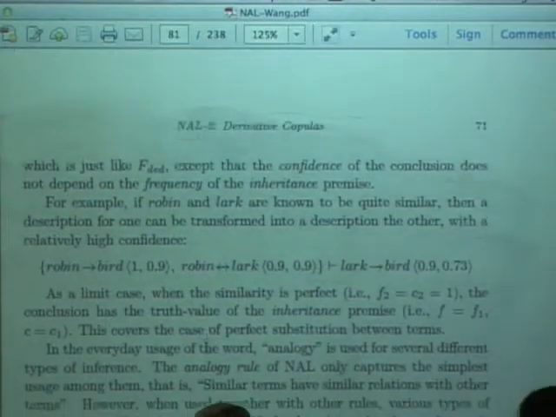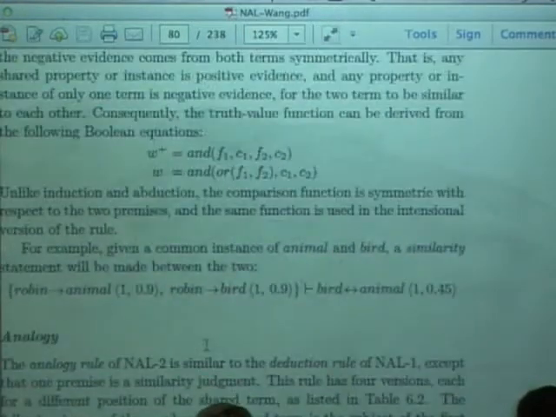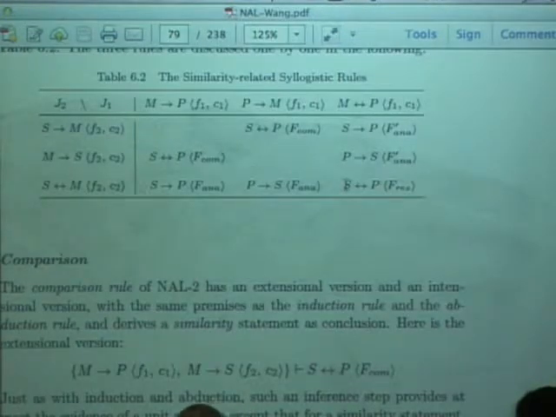And finally, the last case in the table is the one in the corner. This one. This is nothing but, as you can see clearly, the transitivity of the similarity relation. Right? A is similar to B to a degree, B is similar to C to a degree, and A is similar to C to a degree. Actually, at the very beginning, I called this one deduction because it's very similar to what we usually call deduction.